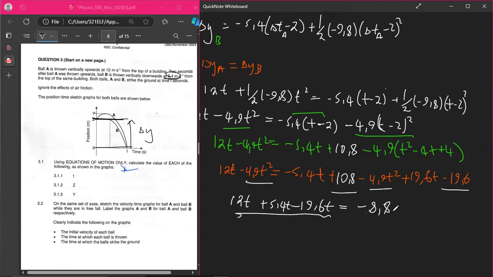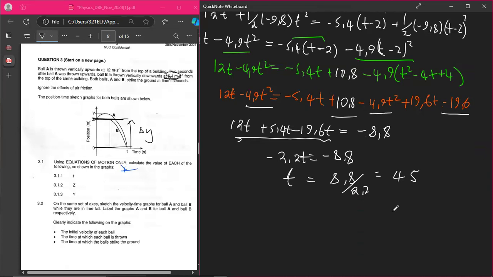This is giving me negative 2.2t, which is equal to negative 8.8. And then my t now will finally be 8.8, a positive value, over 2.2, which is going to be 4 seconds. So there it goes. Our time there is 4 seconds, and we're very much happy about the time.